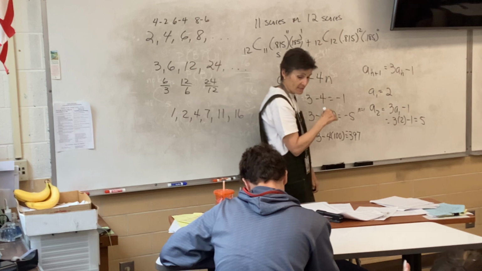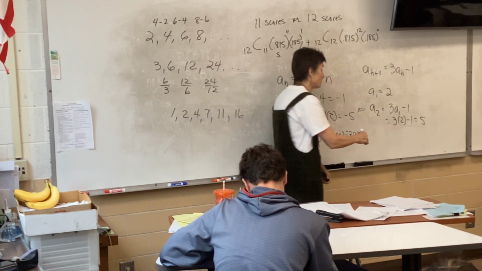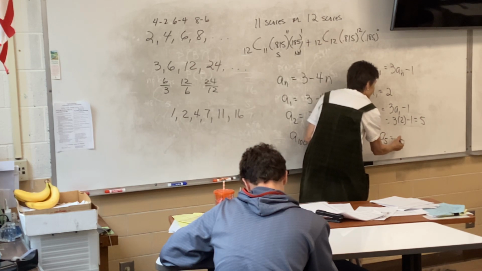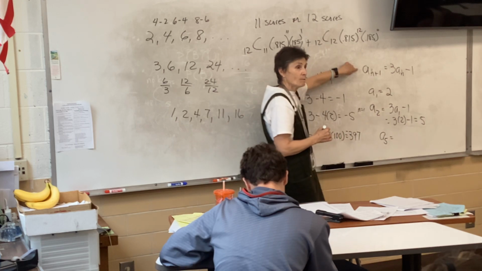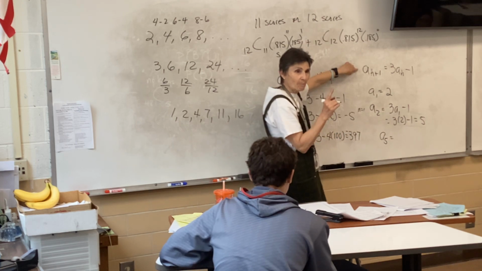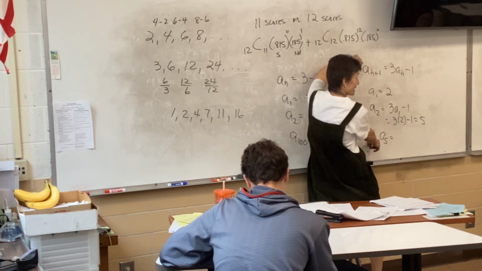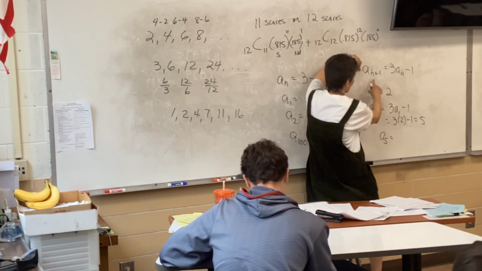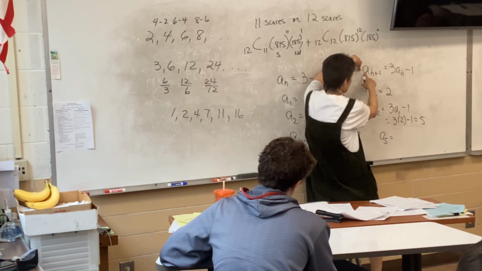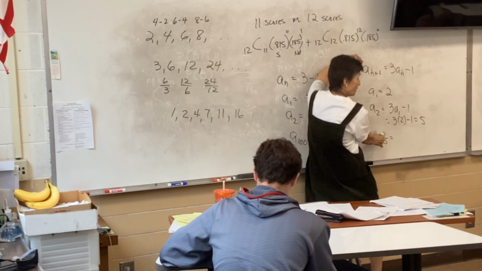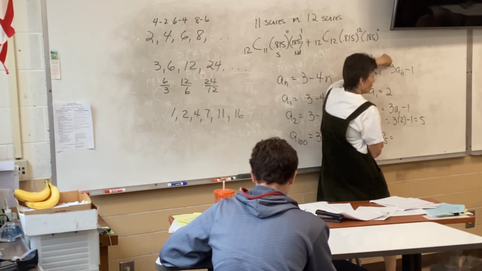Now the issue with this is, I've asked for the fifth term using that formula. You see the problem? The problem is, to get a sub 5, what would n have to be? To get a sub 5, n is going to have to be 4. So what does the formula say?